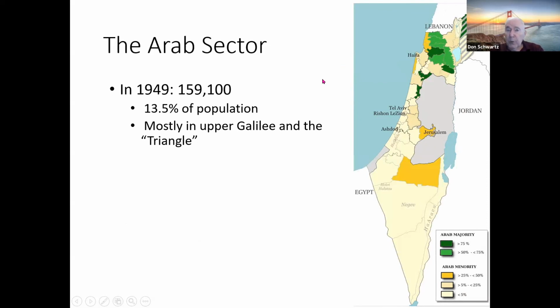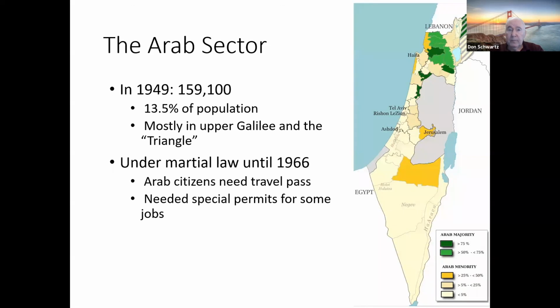But they were regarded with suspicion. And until 1966, the Arab population in Israel was governed by martial law. The Arab people were limited in their ability to assemble and to travel without permission.